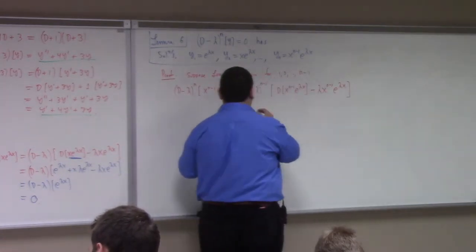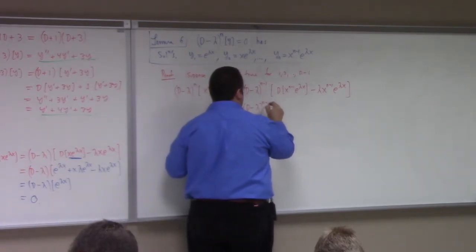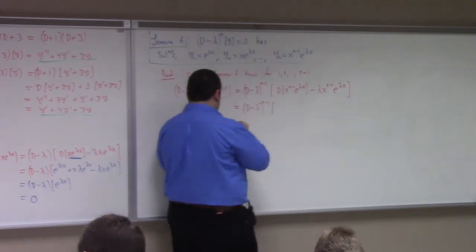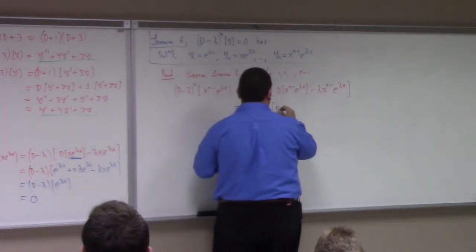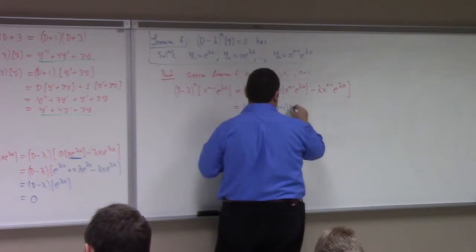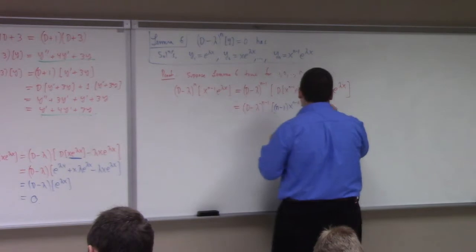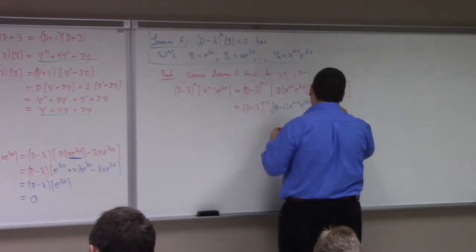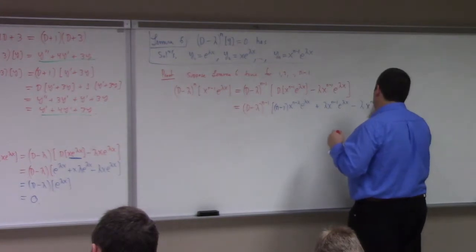All right, so what happens here? D minus lambda to the n minus 1, and then the product rule gives me what? n minus 1 x to the n minus 2 e to the lambda x, plus lambda x to the n minus 1 e to the lambda x, minus lambda x to the n e to the lambda x.